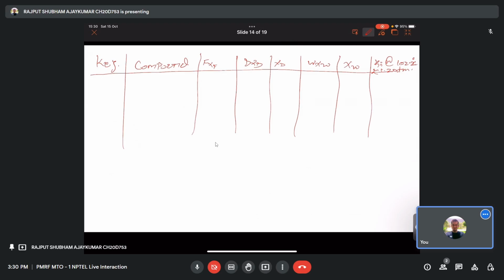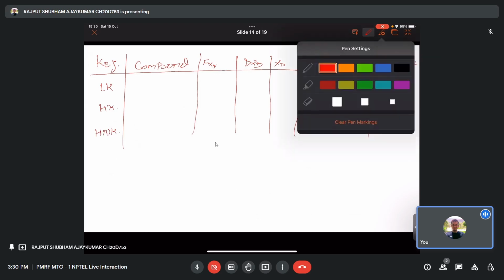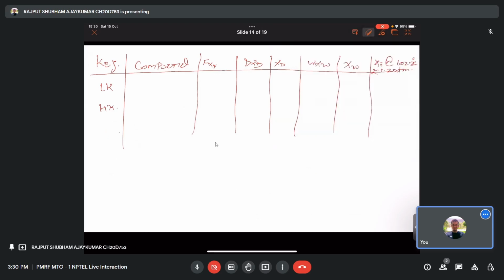Okay, so if you go through the light key, heavy key, and heavy non-key components, what we have written previously, it should be C6, C7 and C8. The feed is given to us already, this is F into XF, that is 32, this is 38.